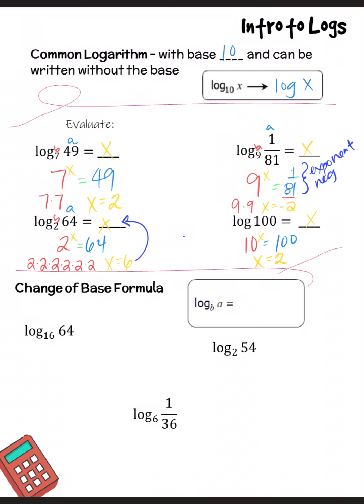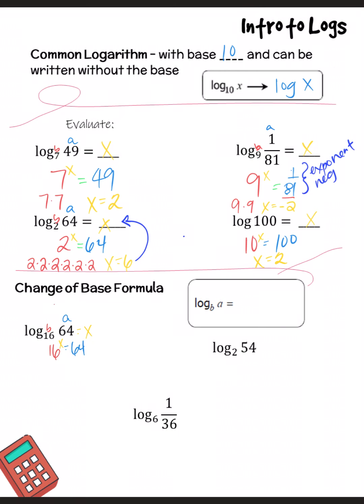All right. Some of these, though, are not easy like that. If I look at this one right here, we've got log base 16 of 64 equals x, so 16 to the x power equals 64.